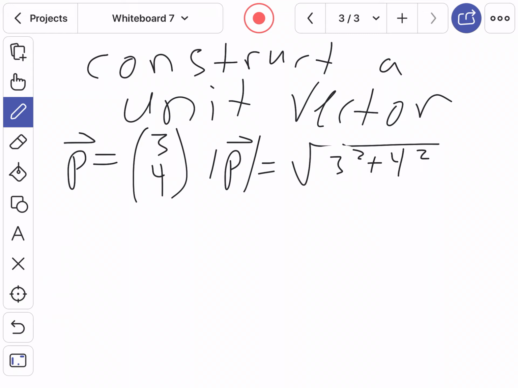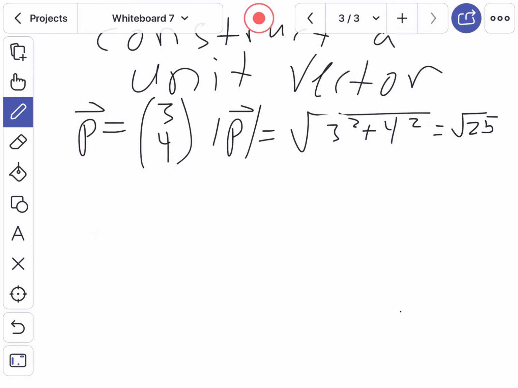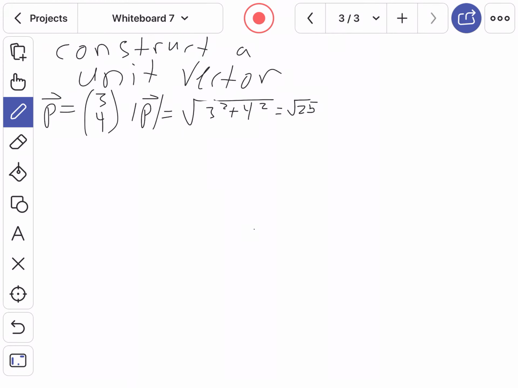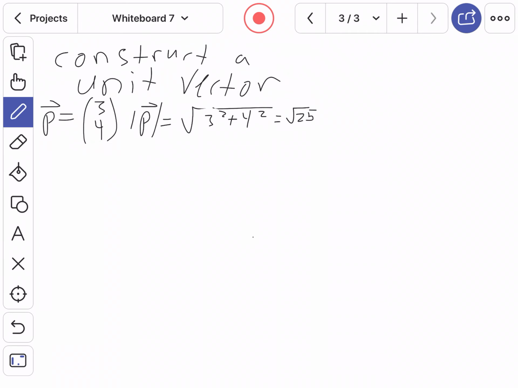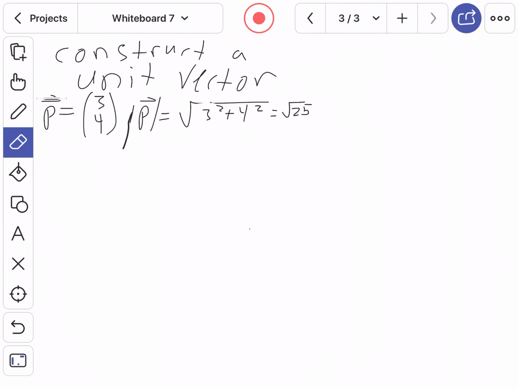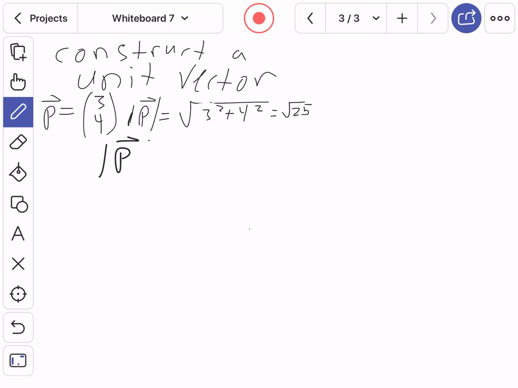So that's 9 plus 16, which you probably know is 25. So the magnitude of P is going to be 5.